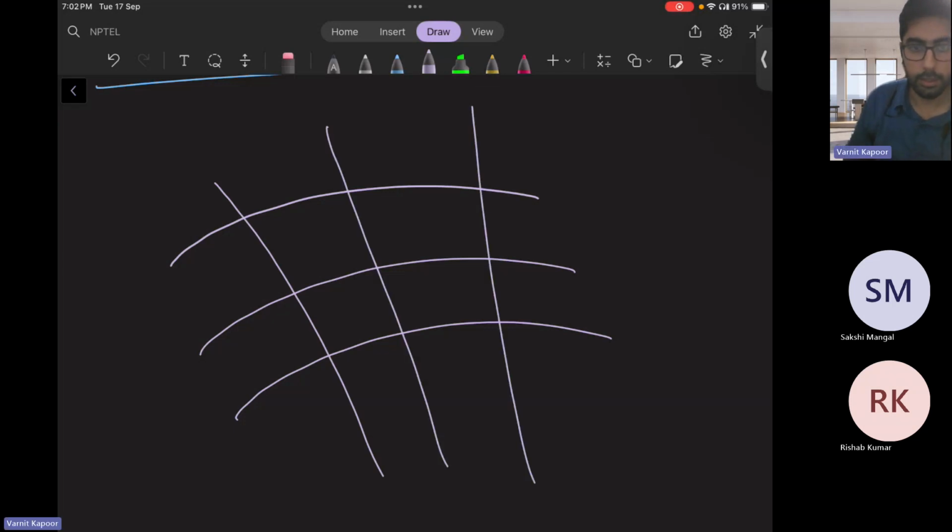This is the cell centered C naught, C1. These are your vertices B, A, where zeta values are constant, of course. And here eta values are constant.